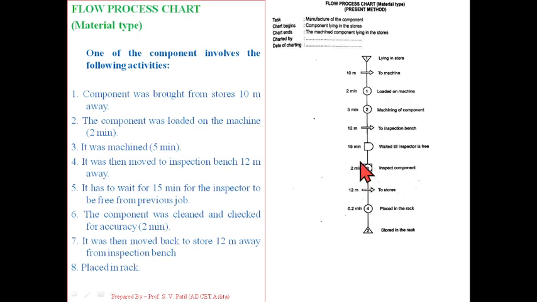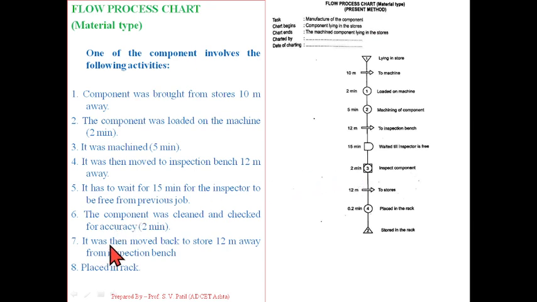Here they have indicated a circle which is enclosed in a square, that is shown over here. So inspection of the component. So two different events are clubbed together, operation as well as inspection, and it is consuming 2 minutes of time, that is written on the left hand side of this symbol.